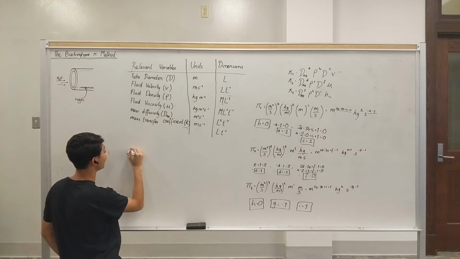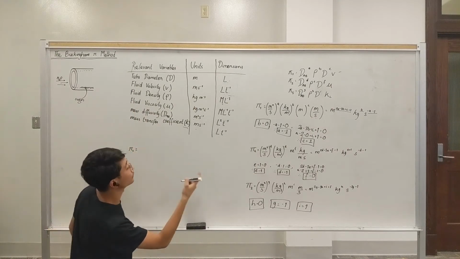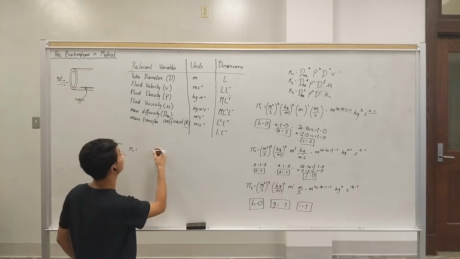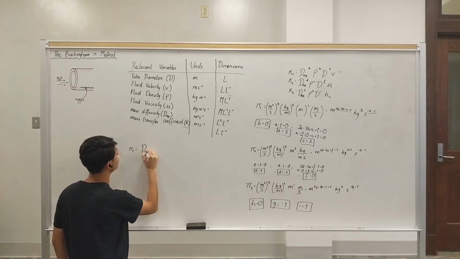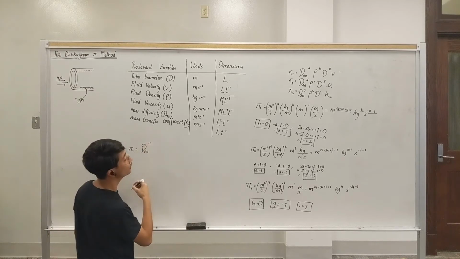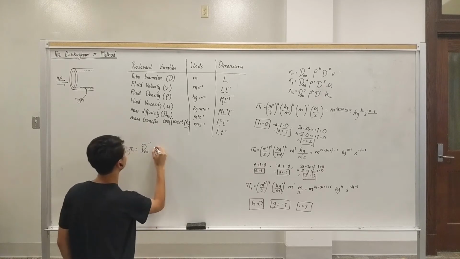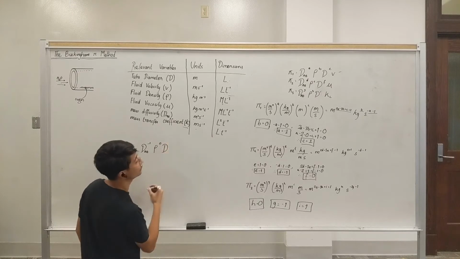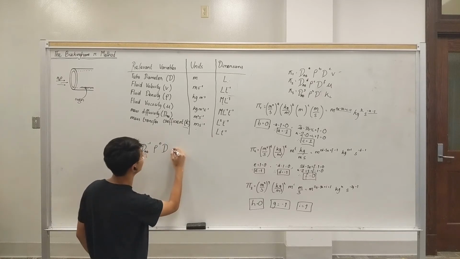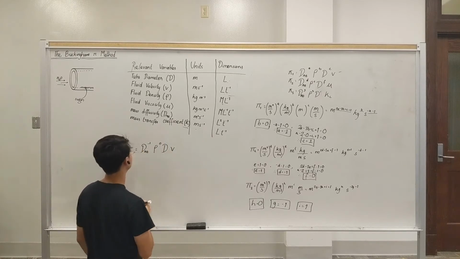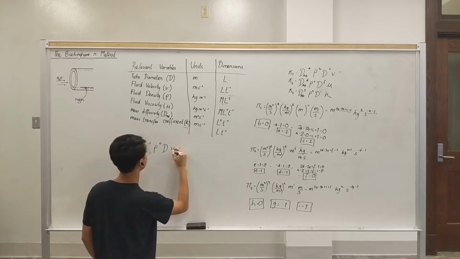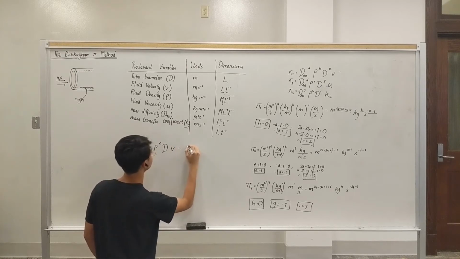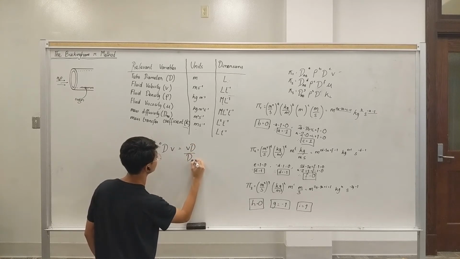So our pi 1 is equal to the diffusivity coefficient raised to the power of -1 and density raised to 0, diameter raised to the power of 1, and velocity. Now, this can be written as Vd divided by dAb.